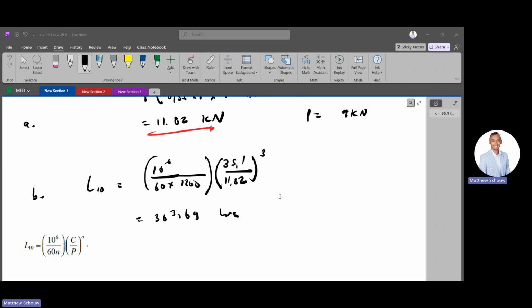So that's another part, but what I wanted to add was this part instead, and that is the expected life.